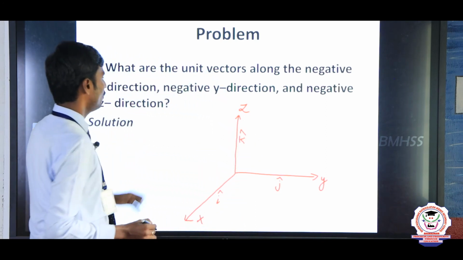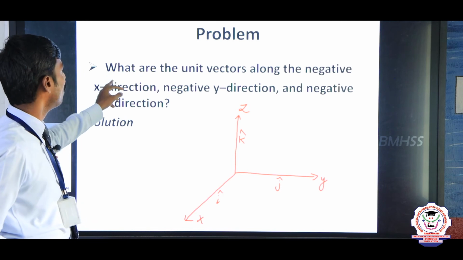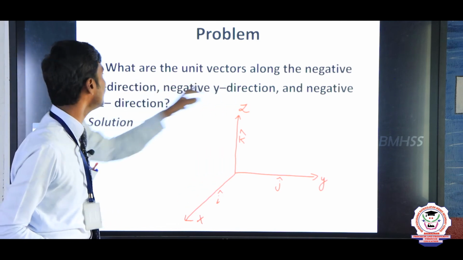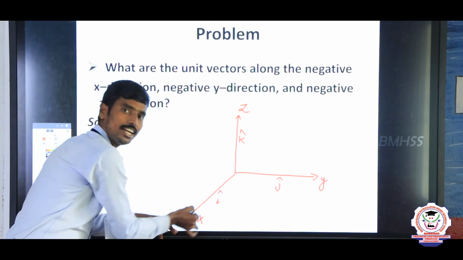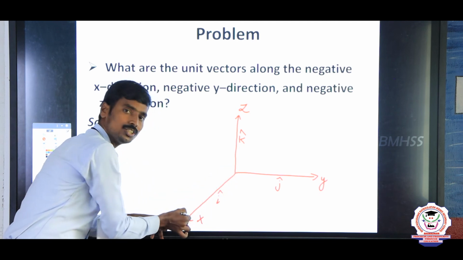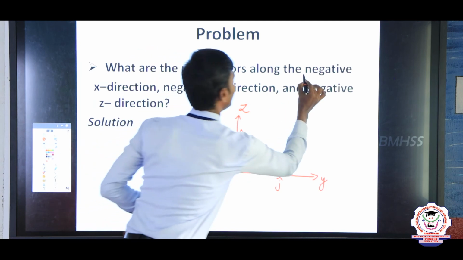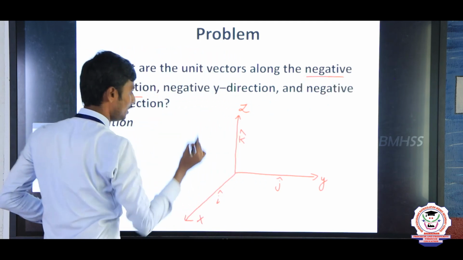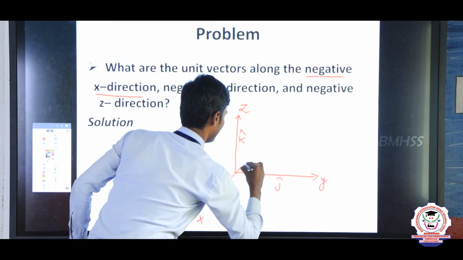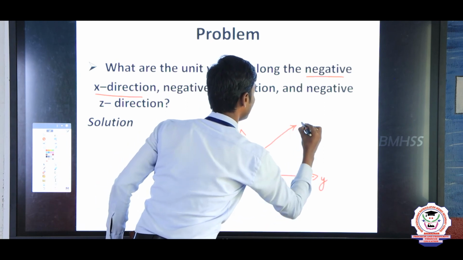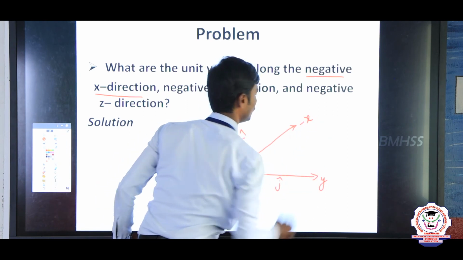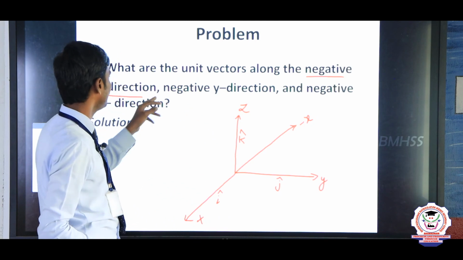Again, what are the unit vectors along the negative x direction? The positive x direction gets the positive value. The negative x direction is in the opposite direction.